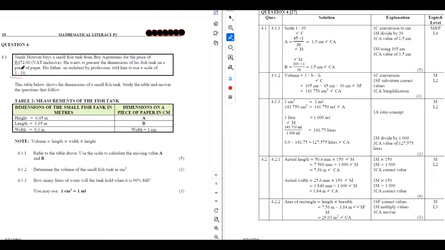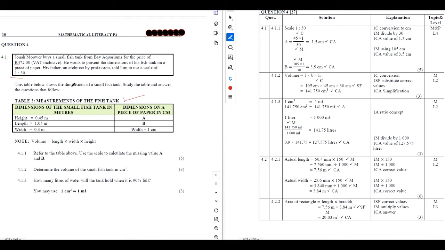Okay, so guys, whenever you see the scale 1:30, this basically means that 1 unit on the paper or on the map is equal to 30 units in real life. That's what that means, right?